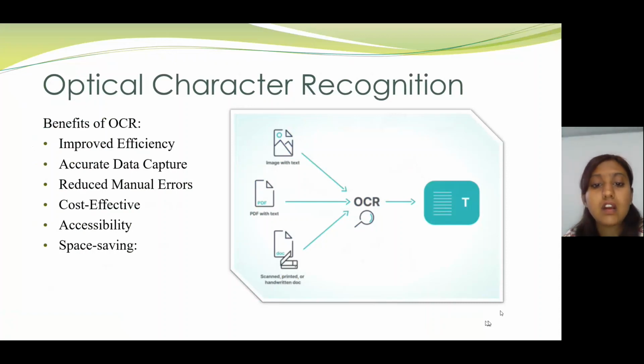Then accessibility: scanned documents become accessible to visually impaired people or those who have difficulty reading printed text. And space saving, because it reduces the need for physical storage of documents, since the digitized copies can be stored on hard drives, cloud services, or emails.